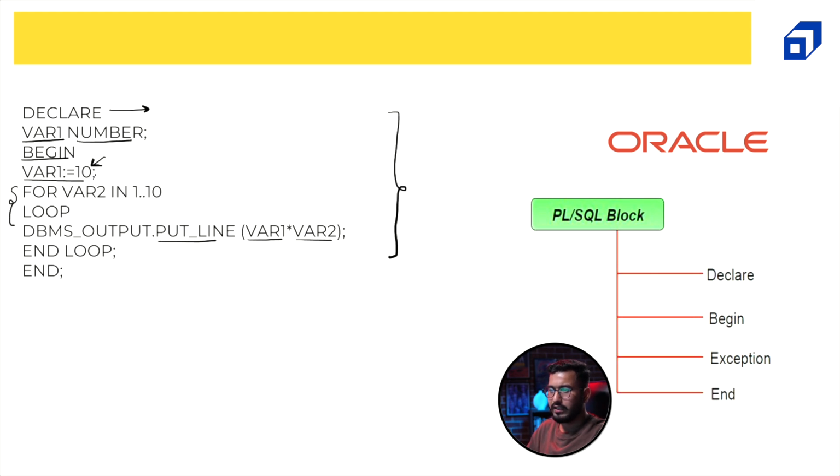Variable 1 is already 10, variable 2 goes from 1 to 10. So in the first iteration I get 1 into 10, in the second 2 into 10, in the third 3 into 10, and so on. This is something you cannot normally do in SQL, but it is possible with PL/SQL. So Oracle is the company which developed PL/SQL.